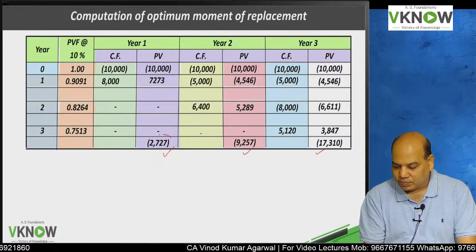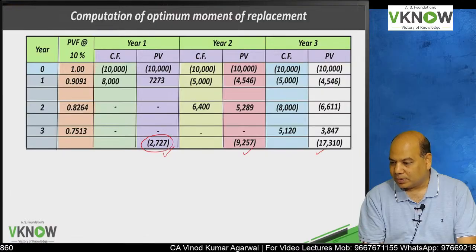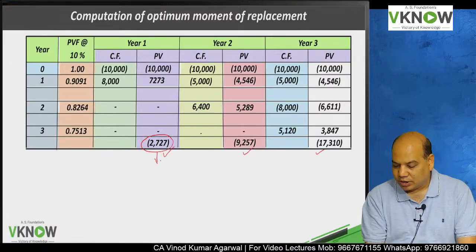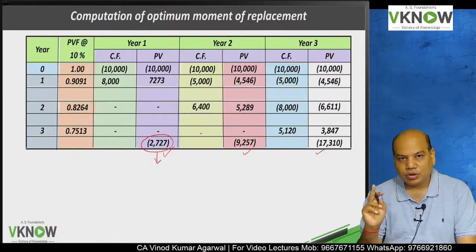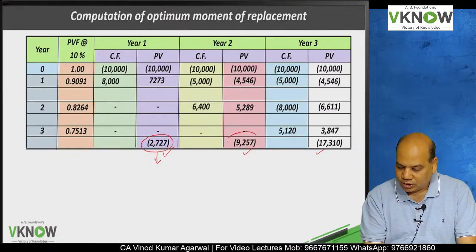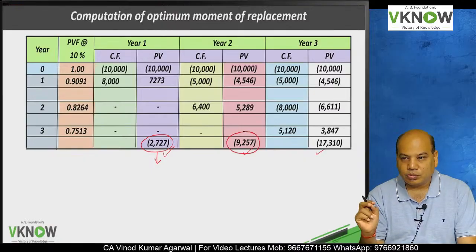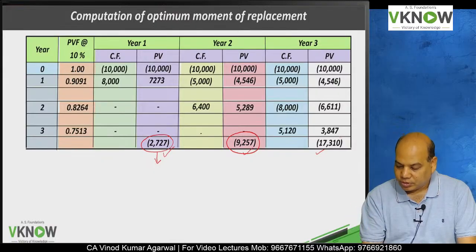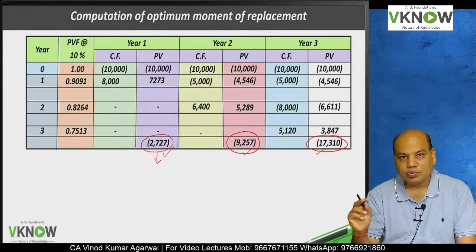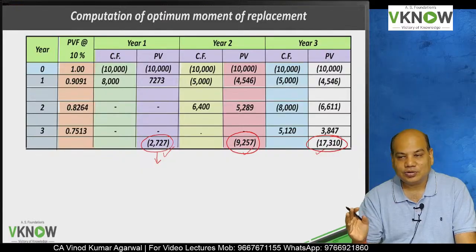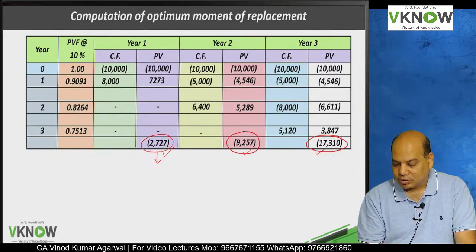if you compare these numbers, they are not comparable. Here you are getting the benefit of moped only for 1 year. Here you are getting the benefit of the moped for 2 years. Here you are getting the benefit of that moped for 3 years. So how can you compare them?